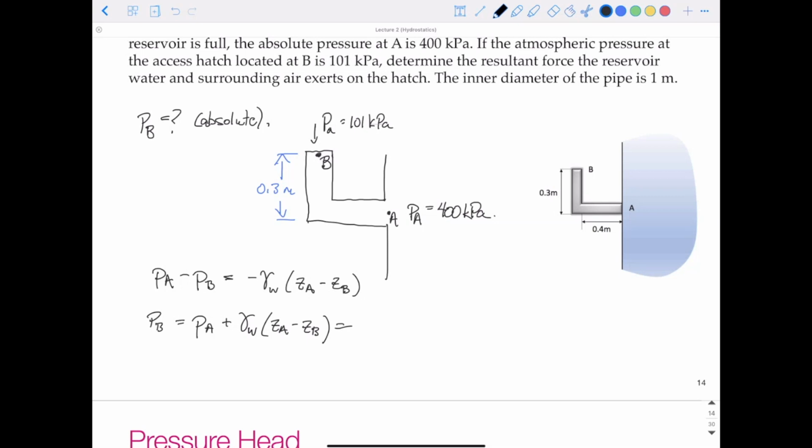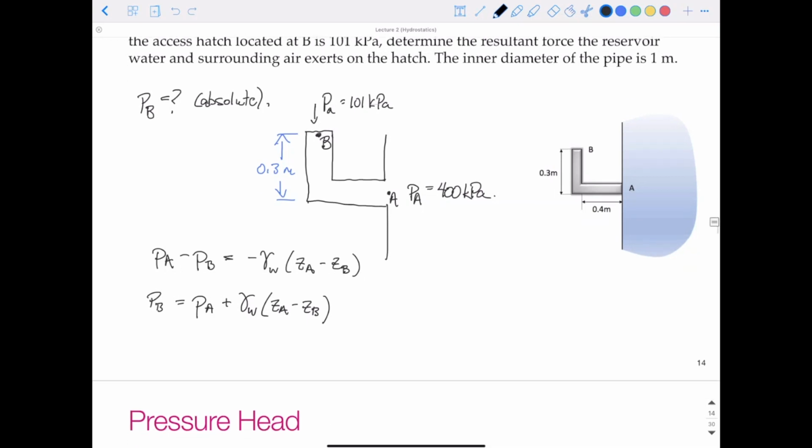We know gamma of water. We know pressure at A. What will be the value of ZA minus ZB? Is it positive 0.3 or negative 0.3?